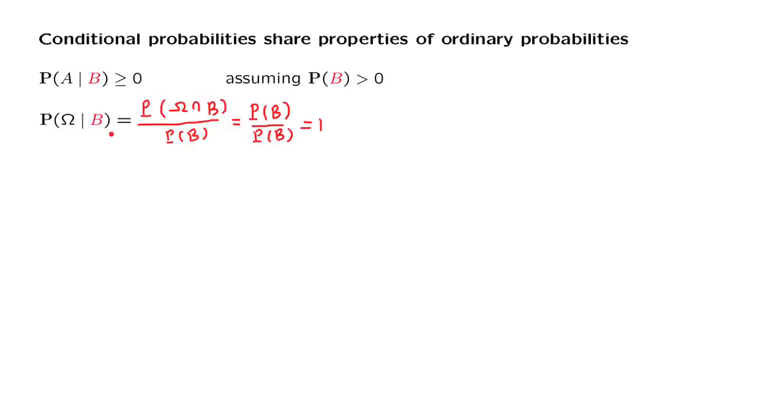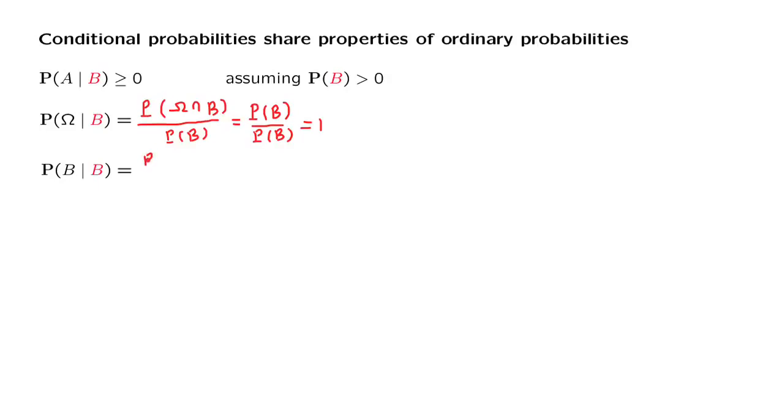Now, remember that when we condition on an event B, we could still work with the original sample space. However, possible outcomes that do not belong to B are considered impossible, so we might as well think of B itself as being our sample space. If we proceed like that and think now of B as being our new sample space, what is the probability of this new sample space in the conditional model?